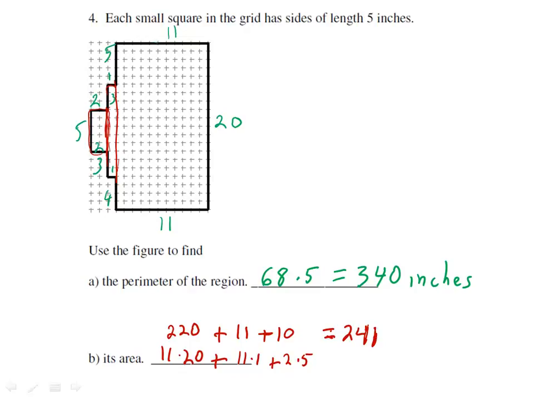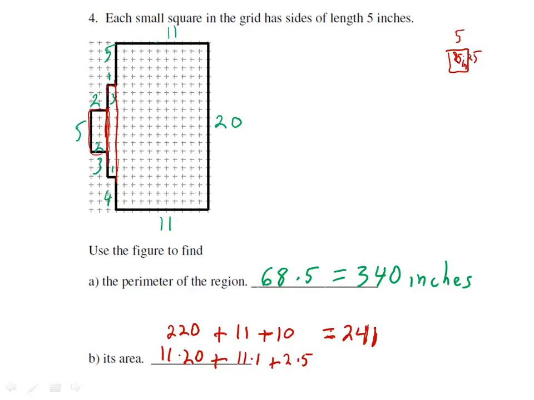There are 241 square grids there, but each grid is 5 by 5. Alright, so that means that each of these grids is 25 inches squared.